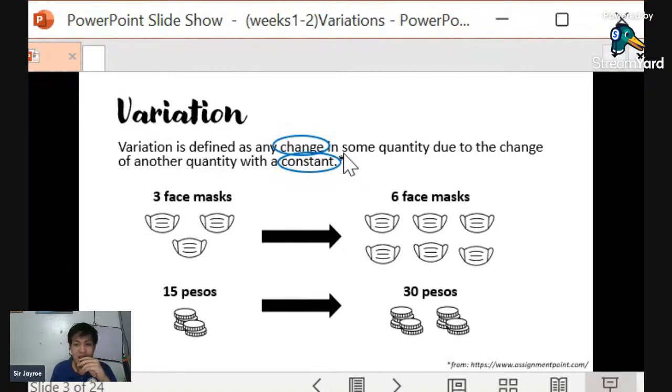Anyone? Yung binili? What do you mean? Yung face mask? Let's talk about quantity. Pag sinabi natin quantity, nabibilang, na may measure. O syempre yung face mask, oo. Okay, nice observation. Of course, yung klase ng face mask, hindi nagbago yon. So, aside from the product, actually, that is not what I am looking for.